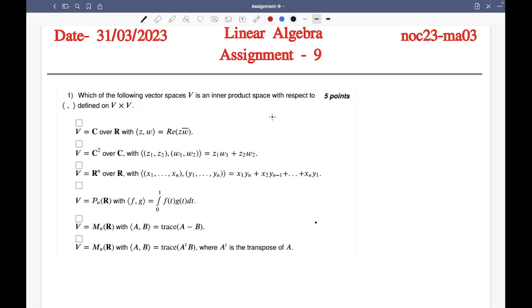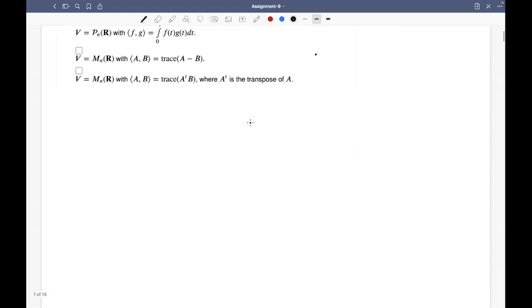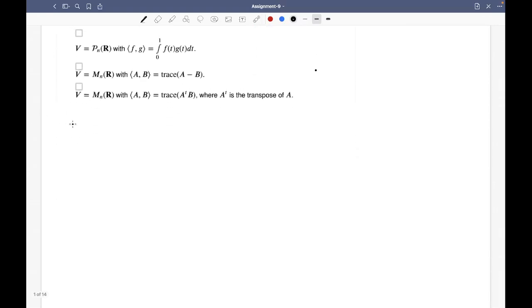The first option is that V is the complex numbers C over R. We have to check whether the inner product Z comma W, defined as the real part of Z times W bar, is an inner product or not. So this is question number 1.